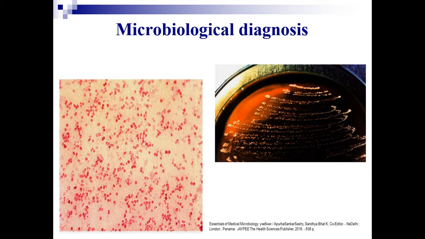At 24 hours of incubation, colonies are small, 1 millimeter, round, convex, gray, non-hemolytic, and translucent. After 48 hours, colonies become large with an opaque raised center and thin transparent margin. Meningococci are very delicate and fastidious and do not grow in basal media.